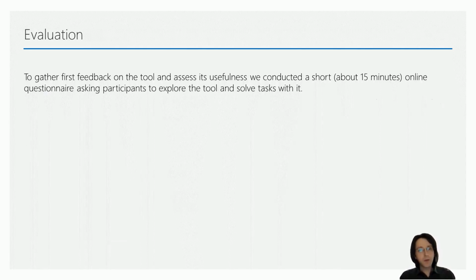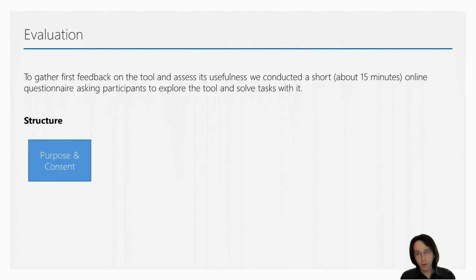To get a first feedback on the tool and to assess its usefulness, we conducted a short, about 15-minute online questionnaire asking participants to explore the tool and solve different tasks with it. The questionnaire was provided with Google Forms, and it started with a short introduction of the purpose of the study, a brief explanation of the tool, and we also obtained consent from the participants at that stage.